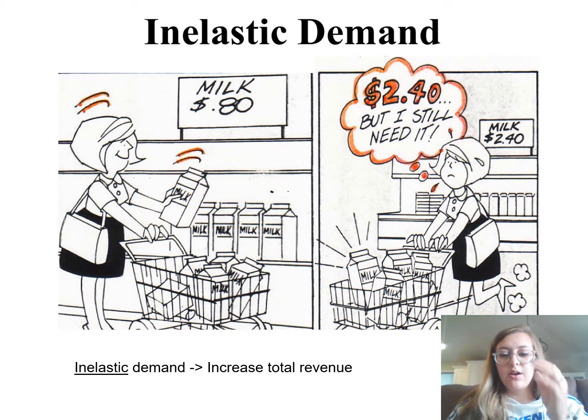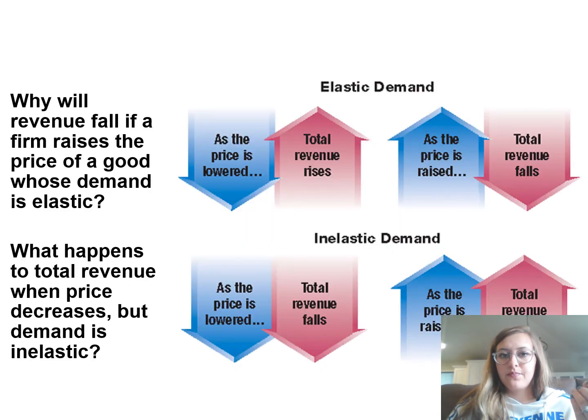People are still going to buy it because there's not many true alternatives. So they're still going to buy it, and that's going to increase revenue for a firm because that is an inelastic good.